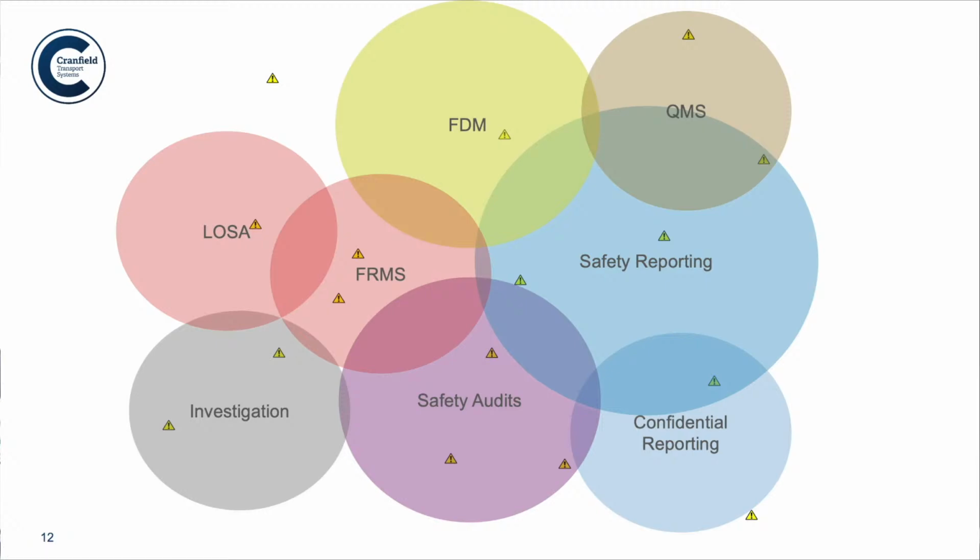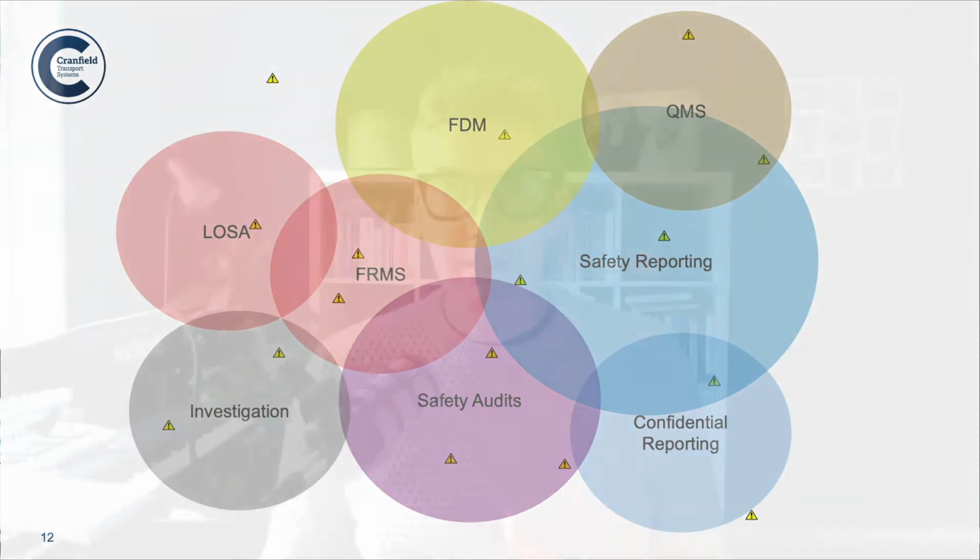And those are the things that keep safety managers awake at night, the things that we don't know about. So we're constantly trying to evolve these systems and make them better, and introduce new systems if necessary to try and identify more and more hazards. Because even though aviation is an ultra safe industry, we still aim to make it even safer.